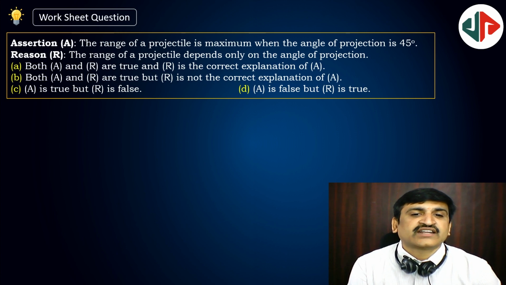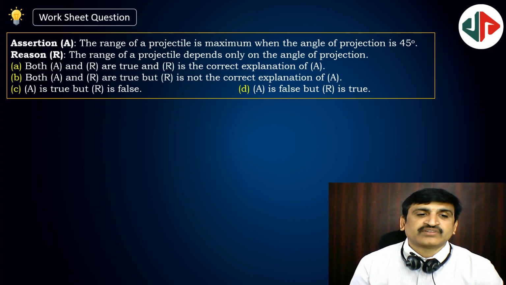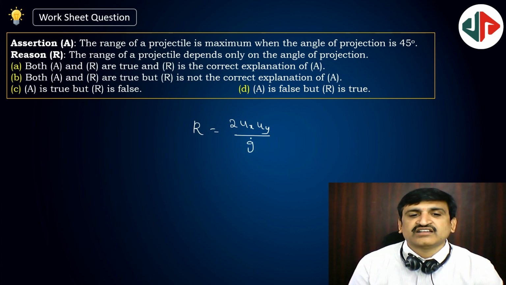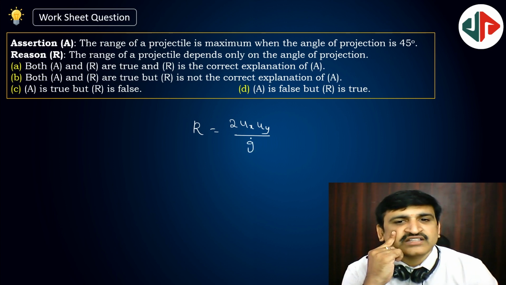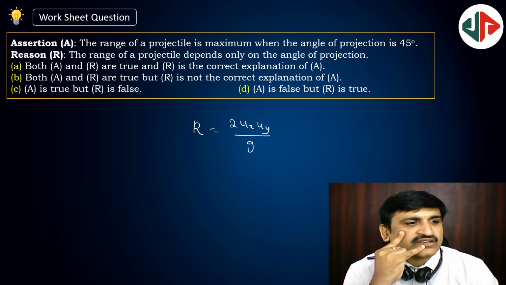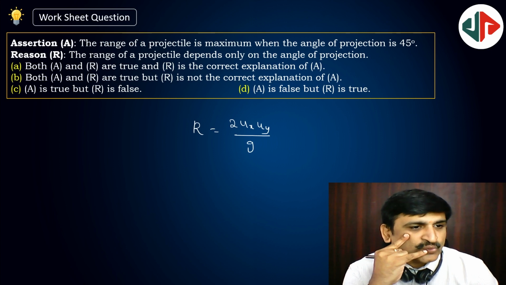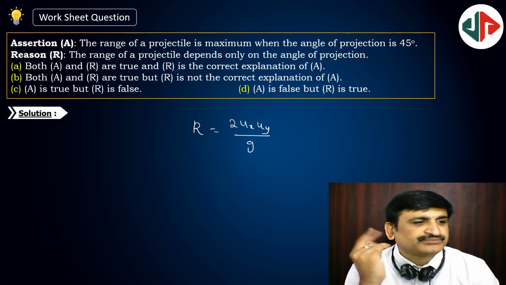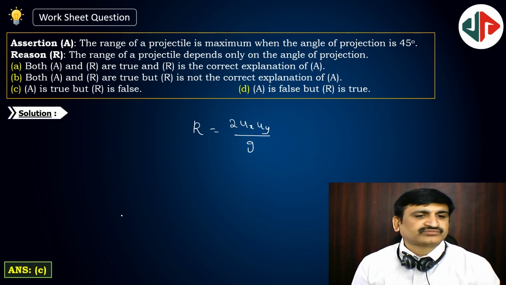R is the correct explanation of A. The range of a projectile formula R is equal to 2ux uy by g. So range of a projectile depends upon all this. Depends only on angle of projection? No. A is option C. A is true, but R is false. That is correct. Next.